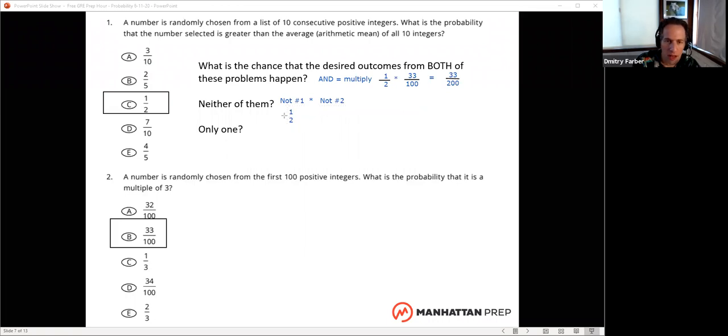And then on the other one, careful, what's the chance that it's not a multiple of 3? There we go, 67 over 100. It's not just 33.333, it's 66.66. It's exactly 33, and then there's 67 left over. So the chance that we get neither is going to be 67 out of 200.